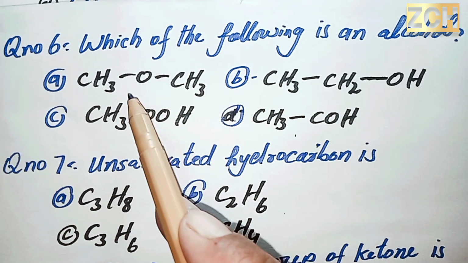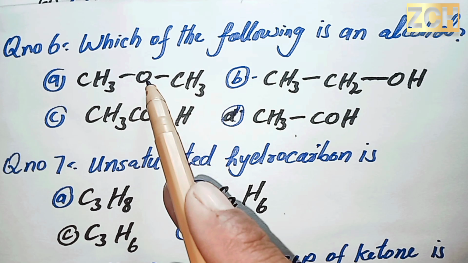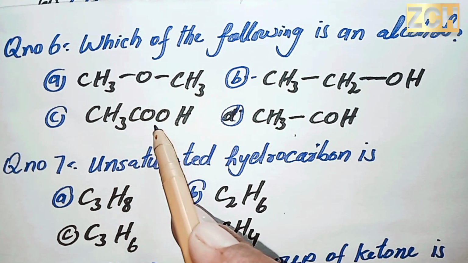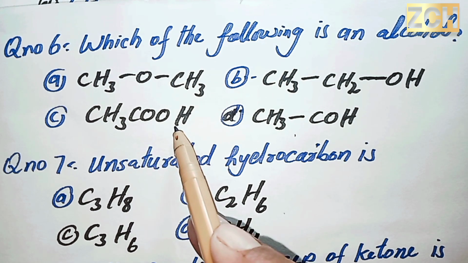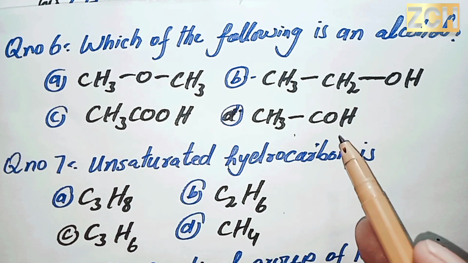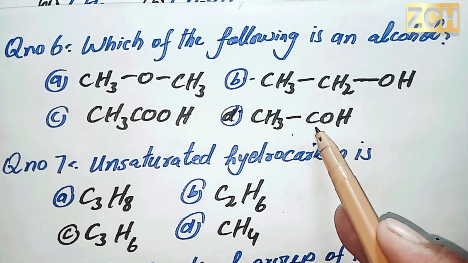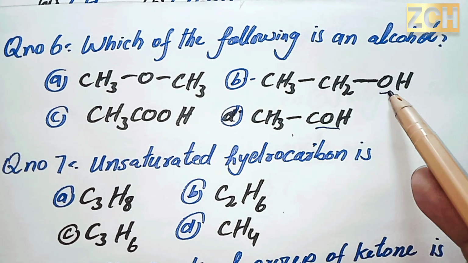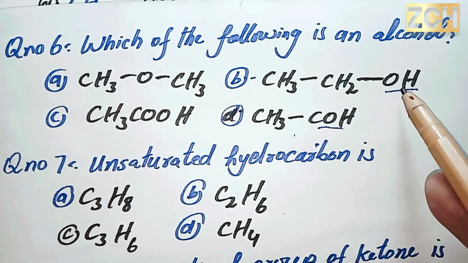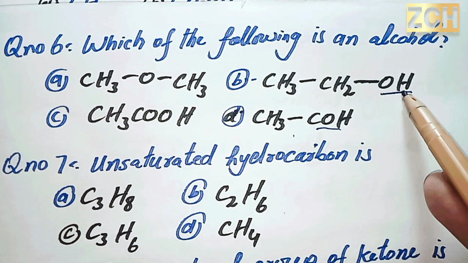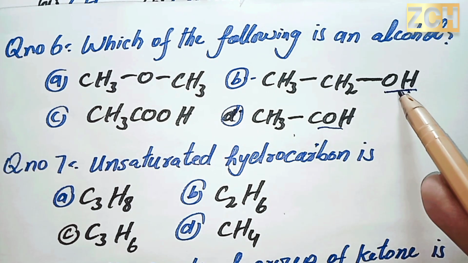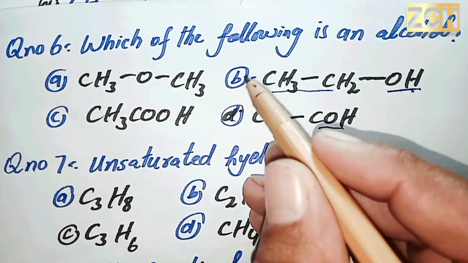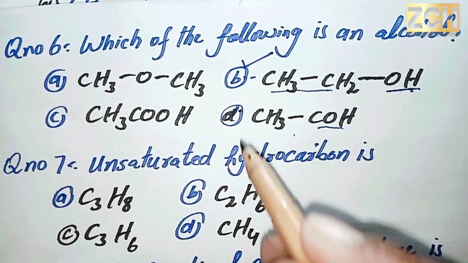Here there is no OH group. Here there is no OH group, but a COOH group, that is carboxylic acid, and here is COH, that is the aldehyde group. And here we can see that the OH group is present, which is the functional group of alcohol, and on the other side it is attached to an alkyl group. So option B is correct for alcohol.